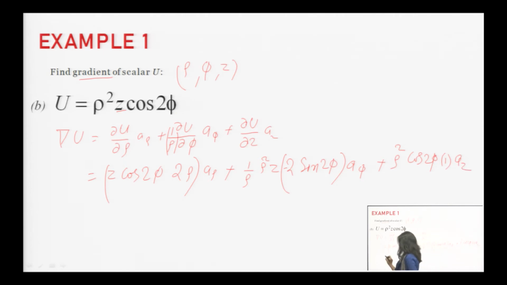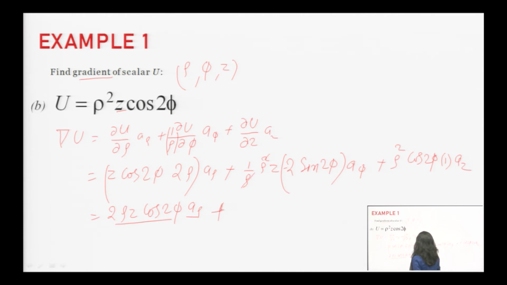Let us simplify this a little bit. So this is 2 rho z cos 2 phi a rho. This is the magnitude, this is the unit vector, plus here this rho and this rho will cancel out, and this minus sign will appear here.